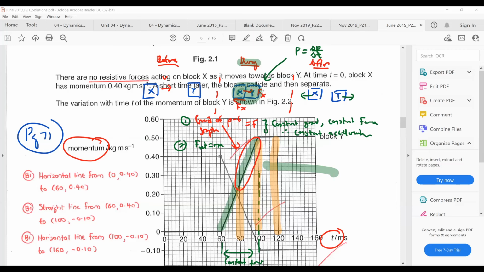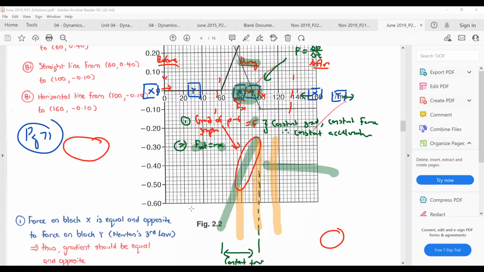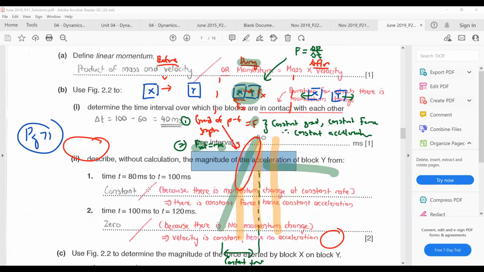So if your force is constant, it will follow that your acceleration will be constant too. So over here, they didn't really ask you to calculate anything. They just want you to state how the magnitude of the acceleration would be. It's going to be constant. Because there's momentum change at a constant rate, there's constant force, therefore constant acceleration.